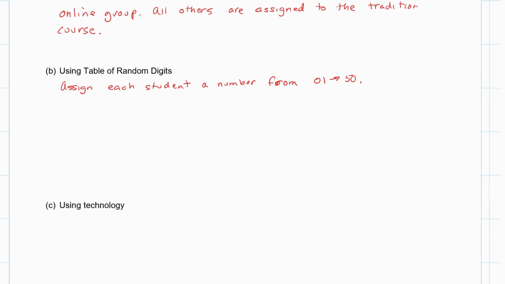And then from the random number table, get 2 digits at a time.